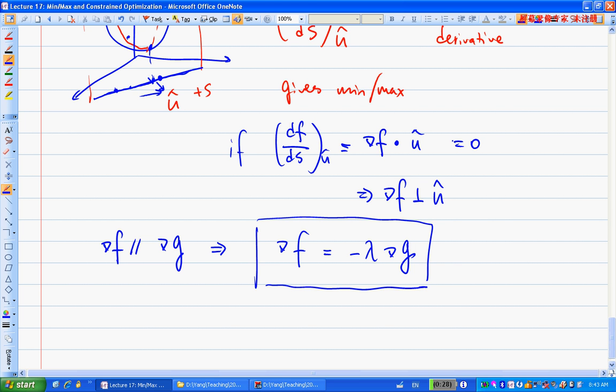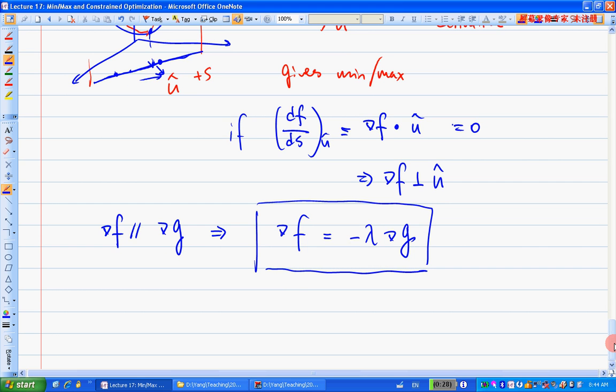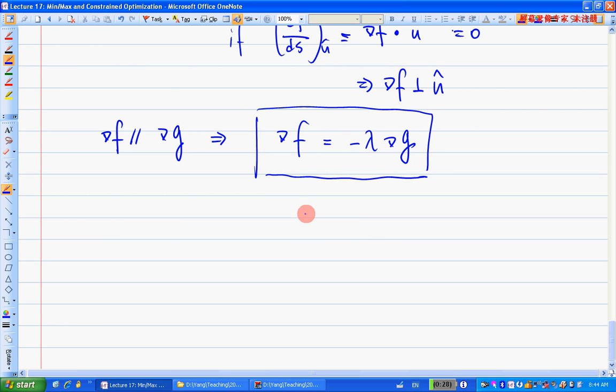This is the relationship at the critical points. So, can you use a positive? Yes, you can. You can absolutely use a positive here. I use a negative; the reason is I can just rewrite that like this. The lambda here is called the Lagrange multiplier.